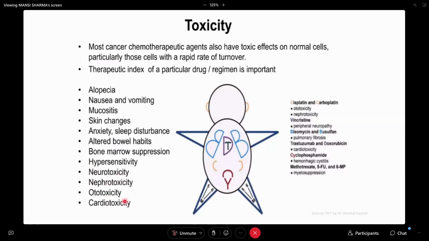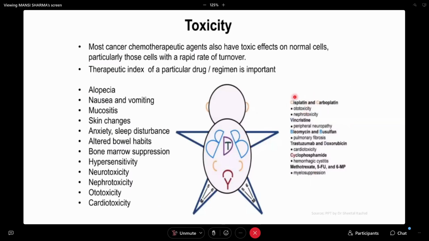I mentioned this earlier and gave you the example. Cardiotoxicity. We will not give cardiotoxic drugs in those patients who have underlying cardiac disorders or who have low ejection fractions. And in those at high risk, we have to monitor these patients more frequently and stop the drug if we feel patients are developing cardiotoxicity. So these are very specific side effects for certain medicines that you need to know, which is very important.